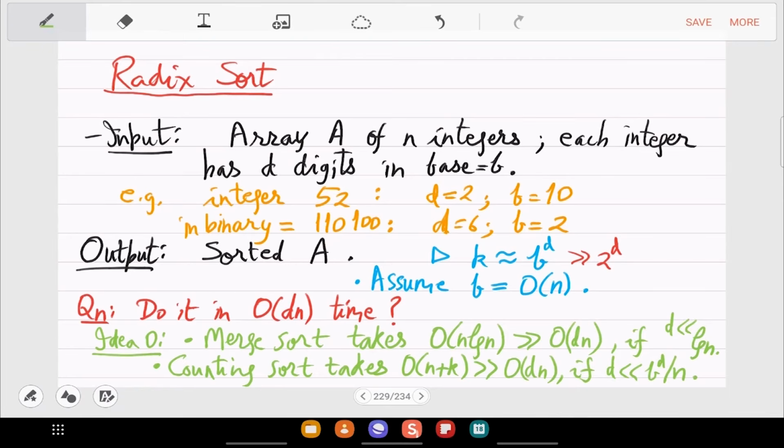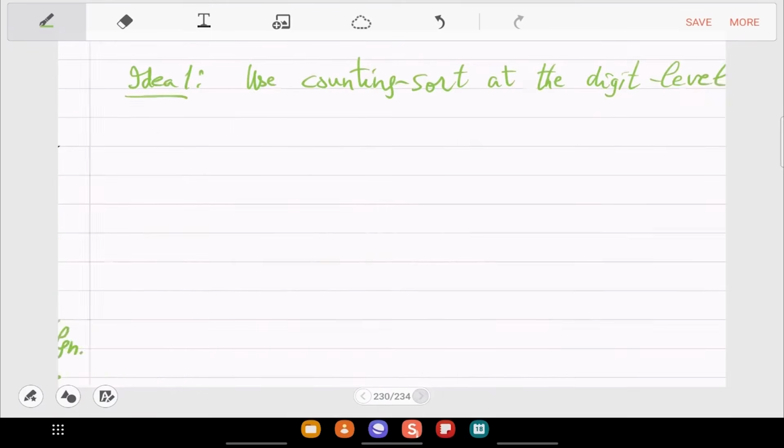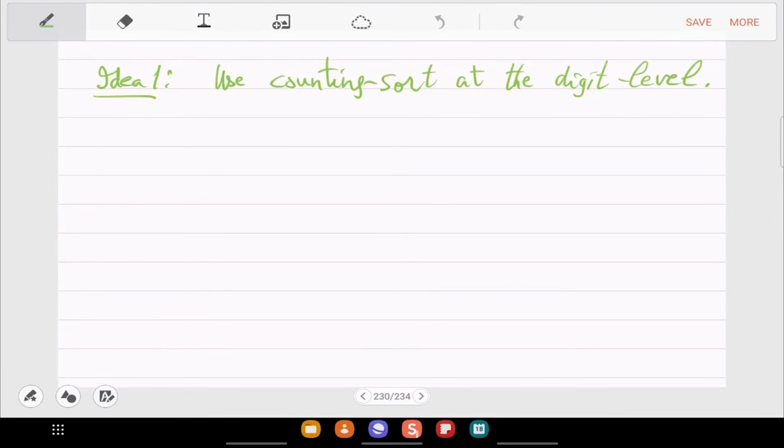B can be anything. So if you take d to be, let's say, square root of log n, then you are looking at b to the square root of log n, which can be sufficiently bigger than n. So the ratio will be sufficiently bigger than d. So there are a lot of functions for which this is satisfied.